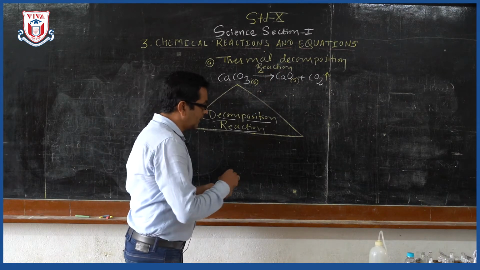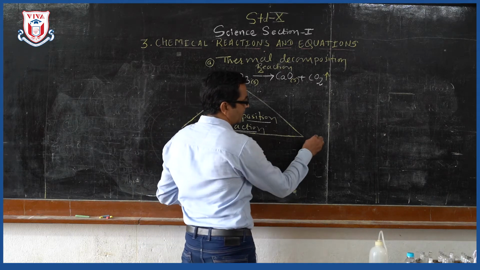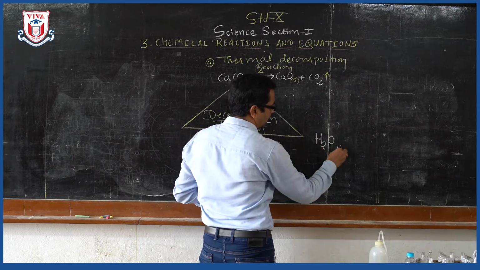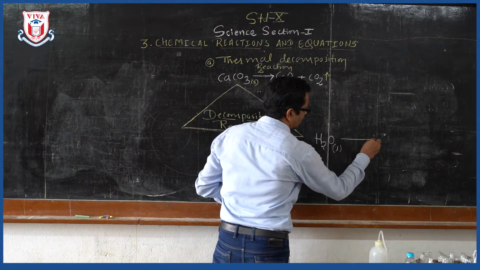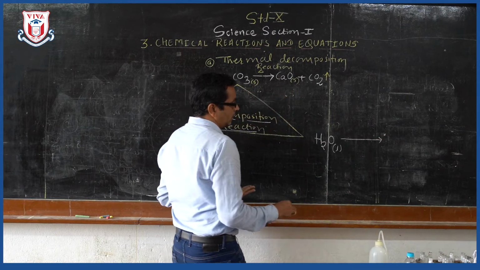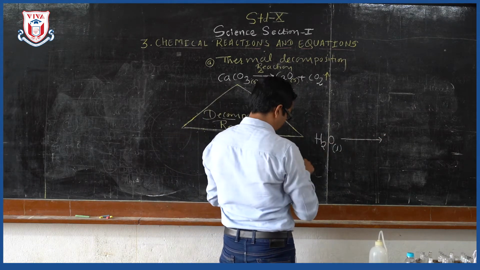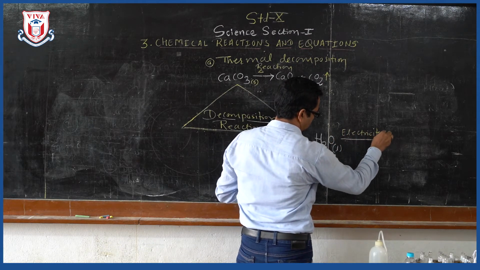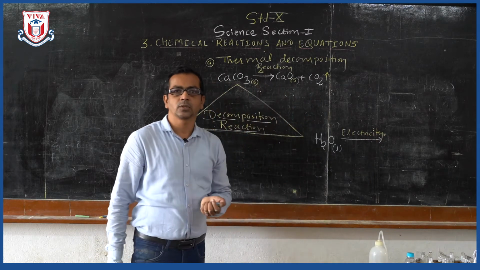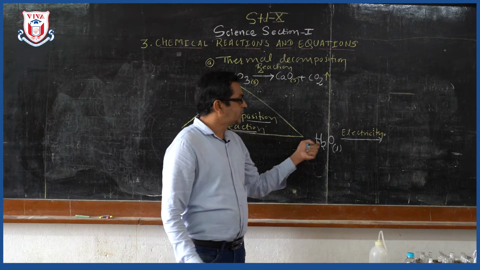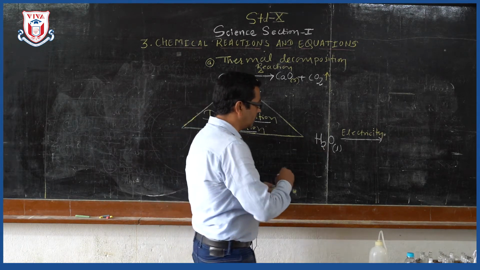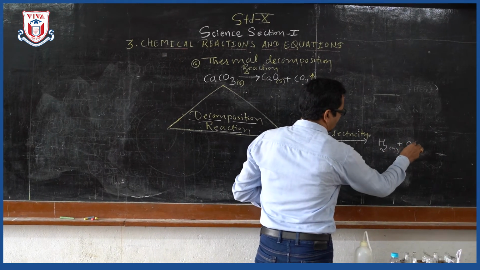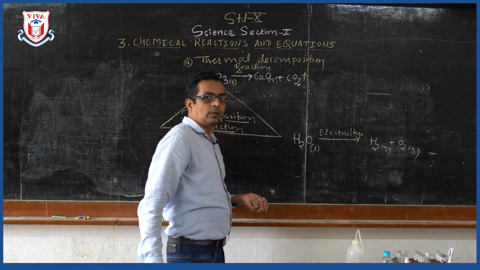Now let's take another example, like water. The formula for water is H2O, liquid. When you supply electricity, when you carry out electrolysis of acidified water, you will find that hydrogen H2 gas and O2 gas are liberated.